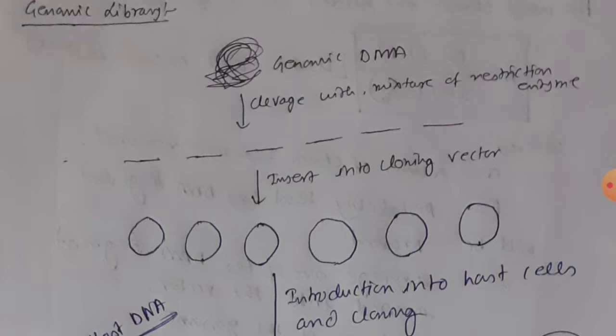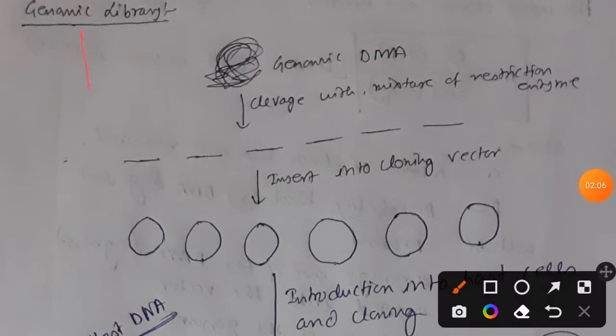That means by constructing a genomic DNA library, the idea is to preserve the genes of a particular organism. That is the idea of a genomic DNA library. We are collecting all the DNA that is present in a particular organism.